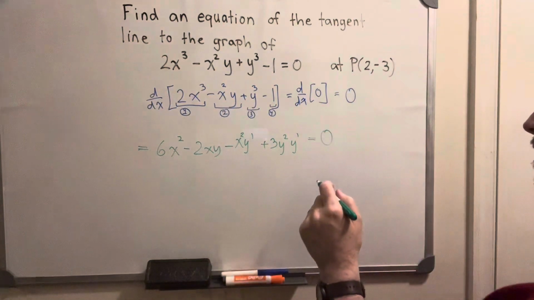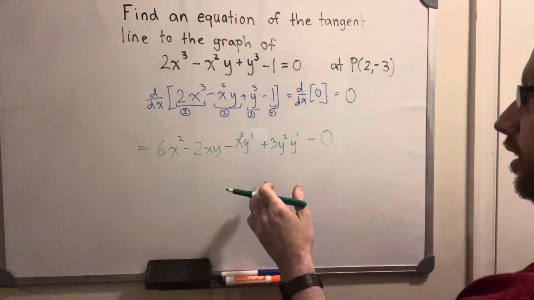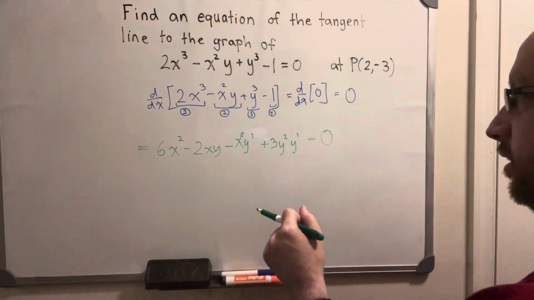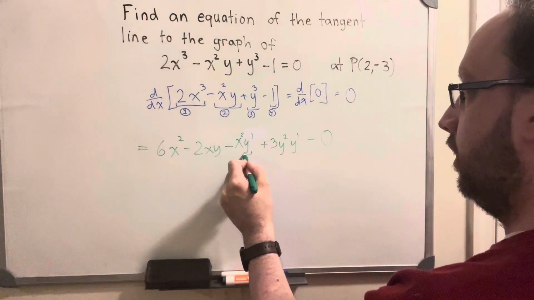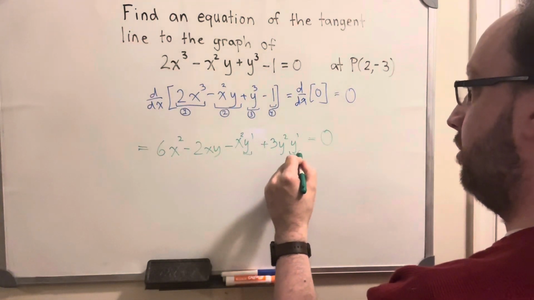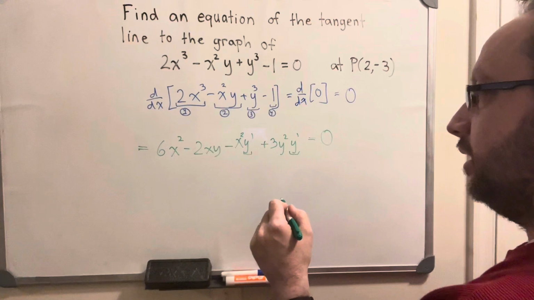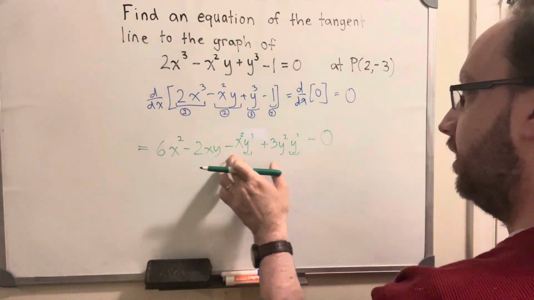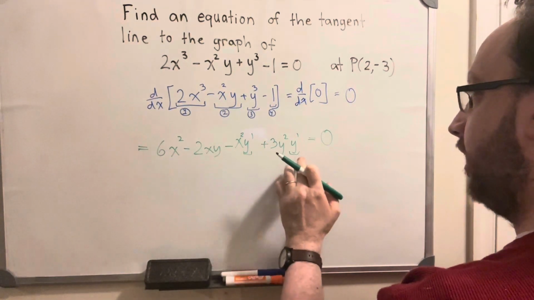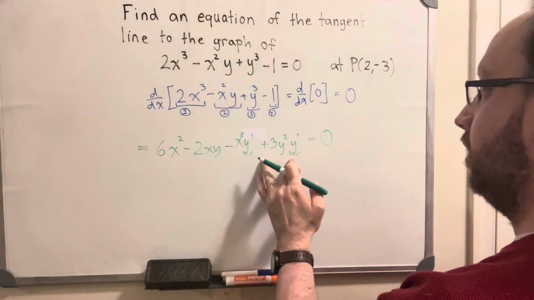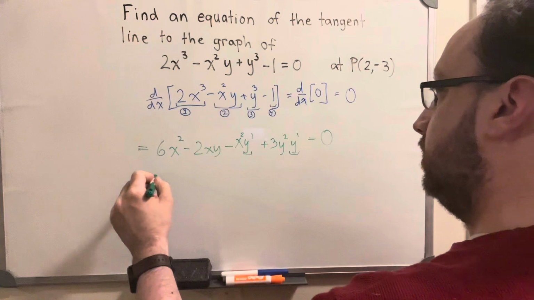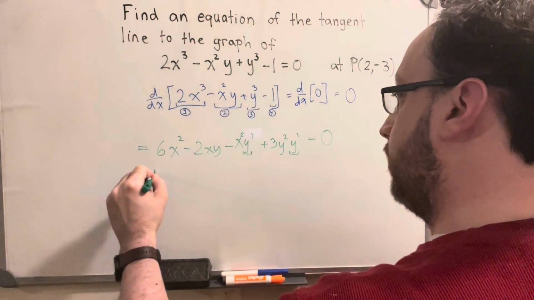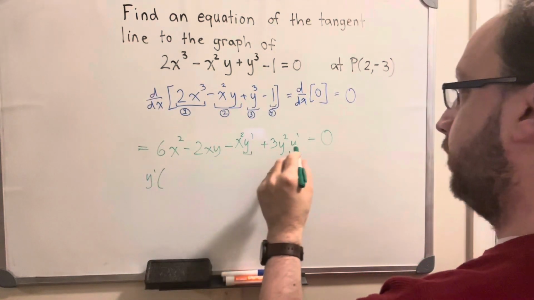Here's where the technique of implicit differentiation involves getting this y prime by itself. Let us look at the terms here that have a y prime on it. We can write y prime times, as if we're factoring this out.